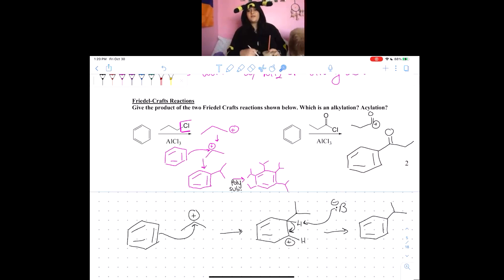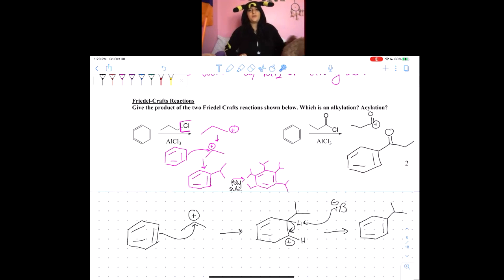And then someone asked, can you explain why polysubstitution wouldn't happen for acylation? And yes, I can. The reason it happens for alkylation and not acylation is because in an alkylation, we add an R group, and an R group is a weakly donating group.